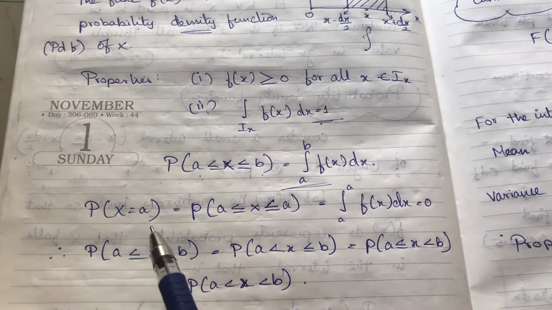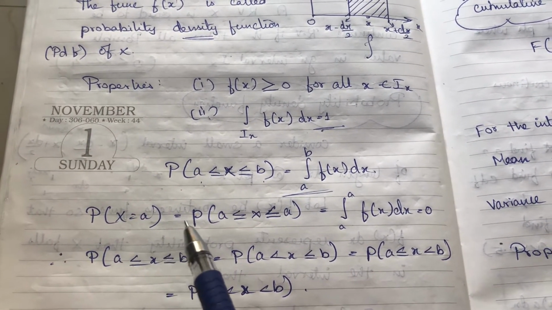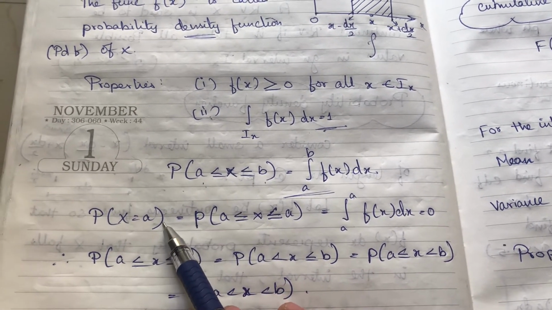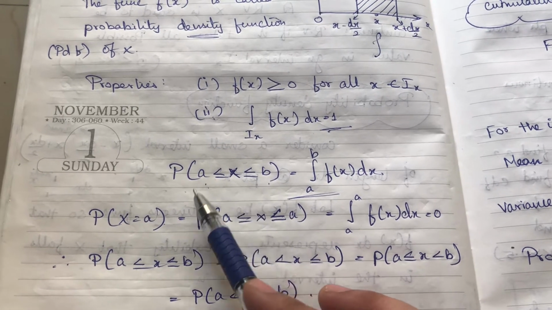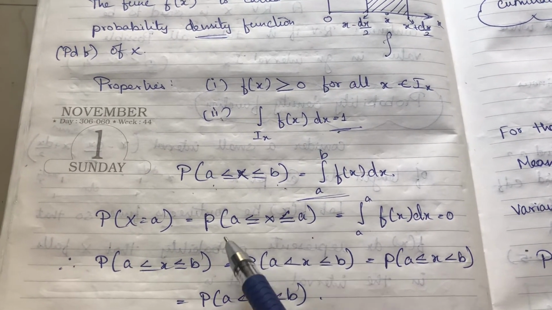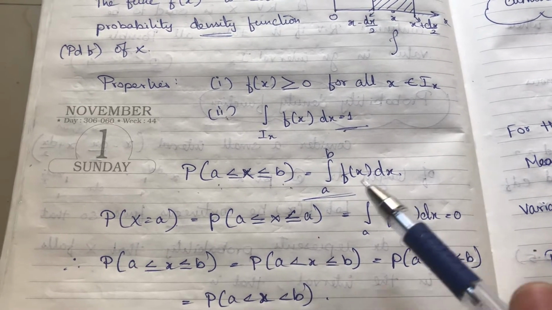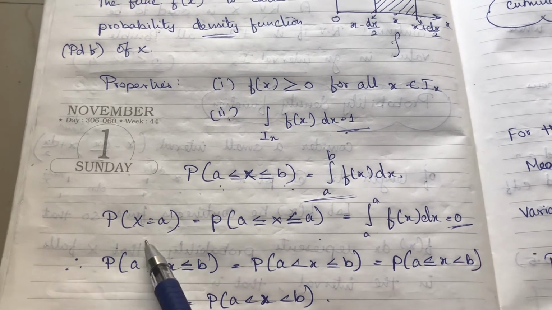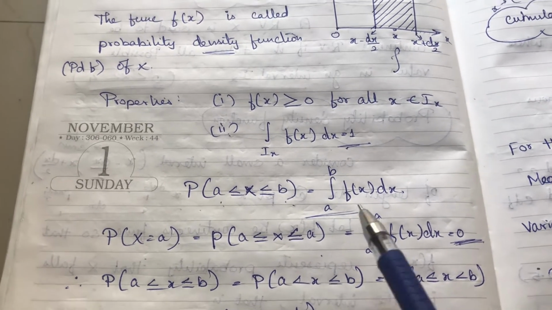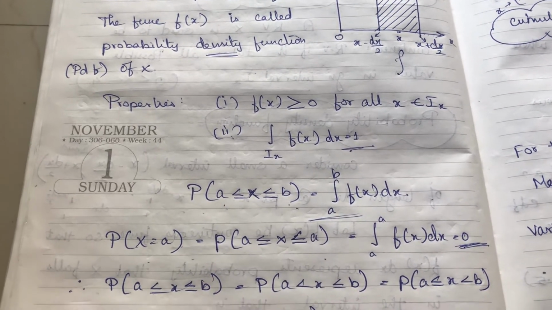For p of x equal to a, x has only the value a, so upper limit minus lower limit is 0. So p of x equal to a is 0 in terms of the integral, in the probability density function.